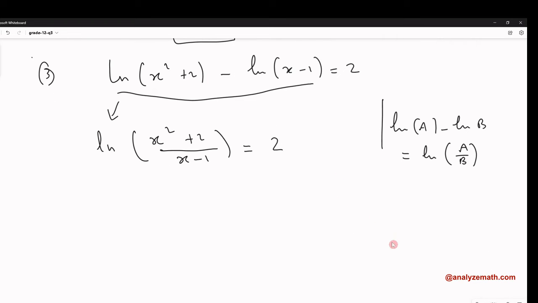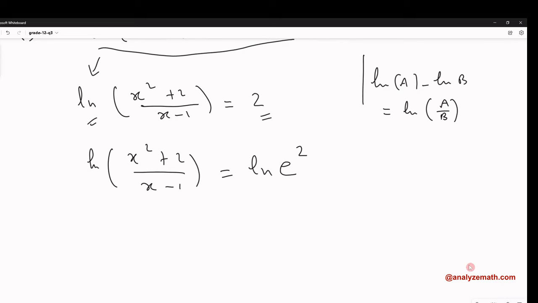Now we need to change the right side, the 2, into an ln, same base, remember. So ln((x² + 2)/(x − 1)) equals ln e². Now we have ln of something equal to ln of something, so that gives me (x² + 2)/(x − 1) = e², which is an algebraic equation.